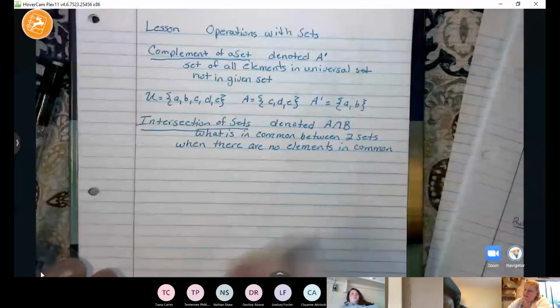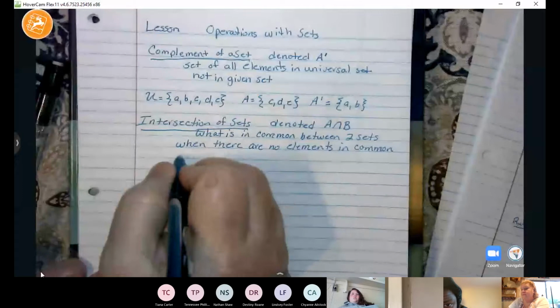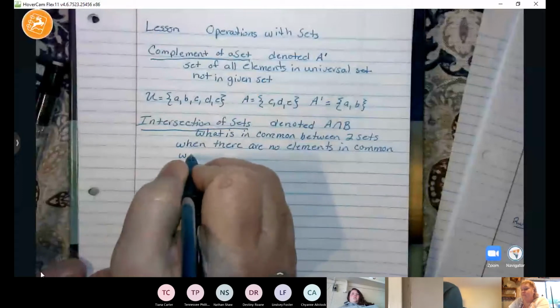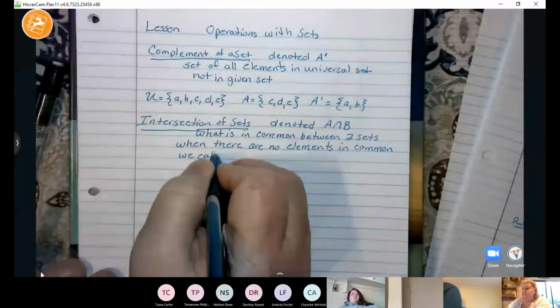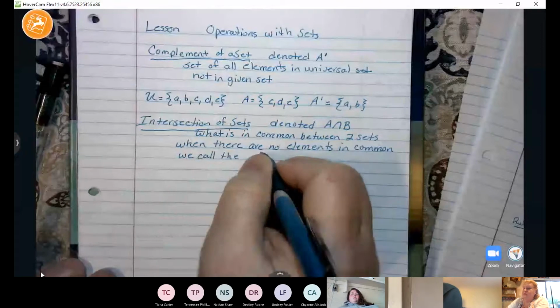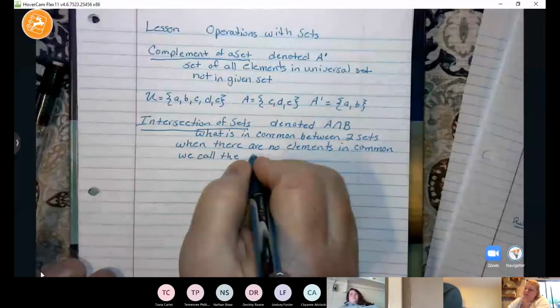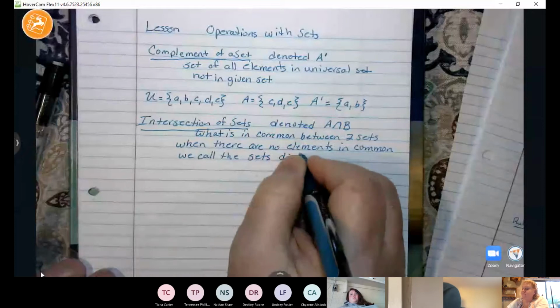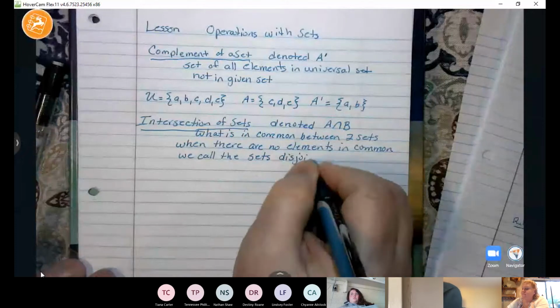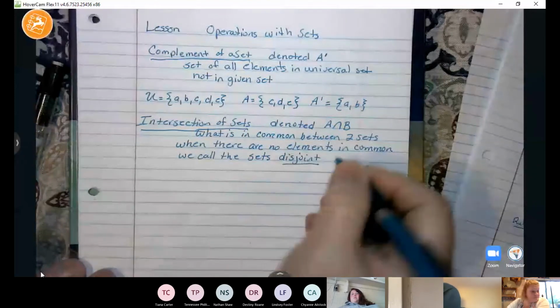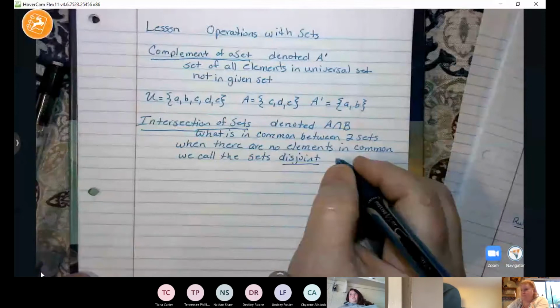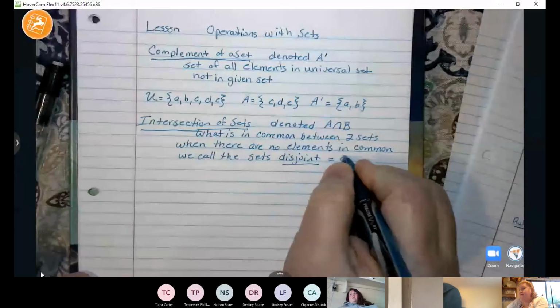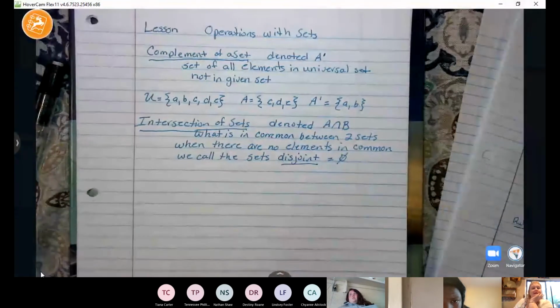When there are no elements in common, we call the sets disjoint. And disjoint means it would be the empty set.